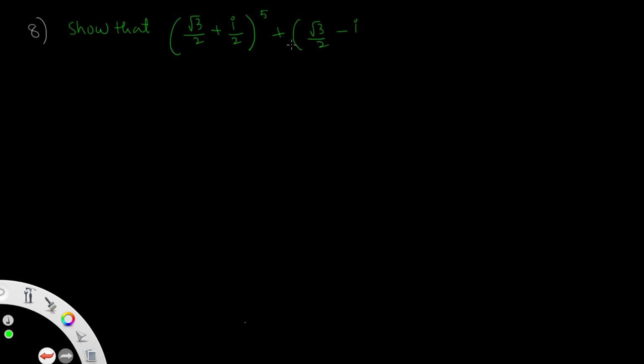Minus is there in between. Show that root 3 by 2 plus i by 2 whole to the power of 5 minus root 3 by 2 minus i by 2 whole to the power of 5 equal to i.